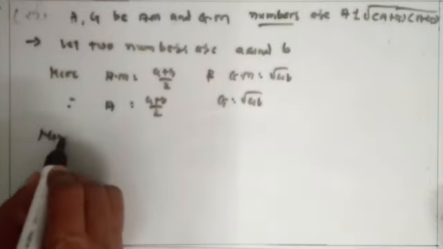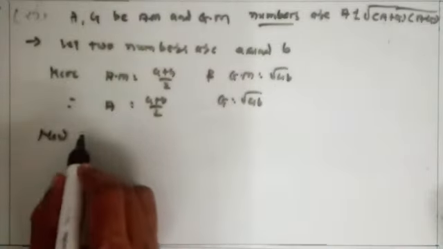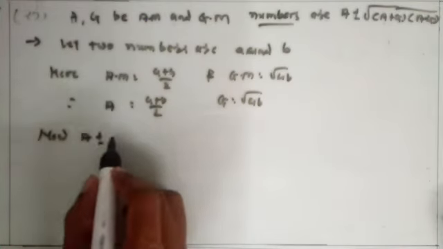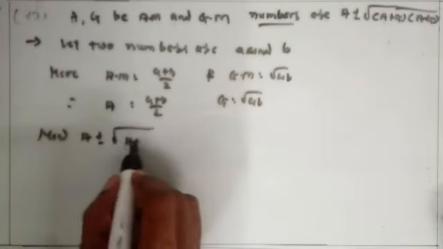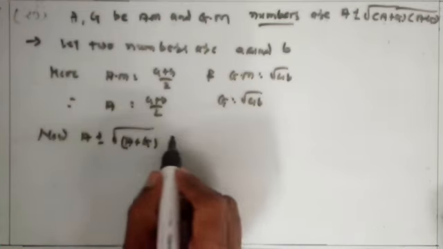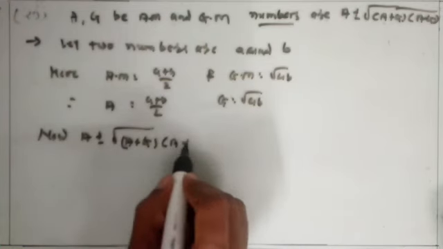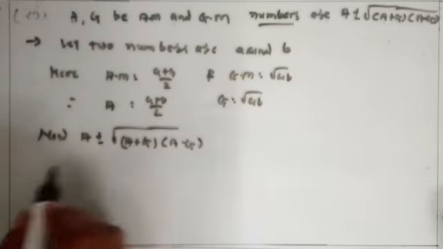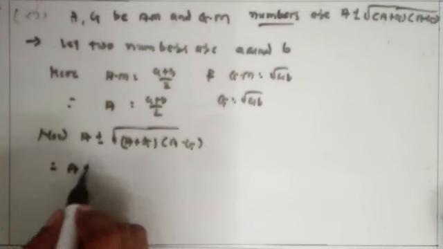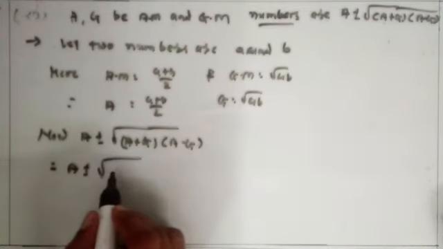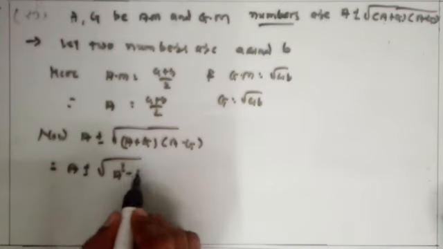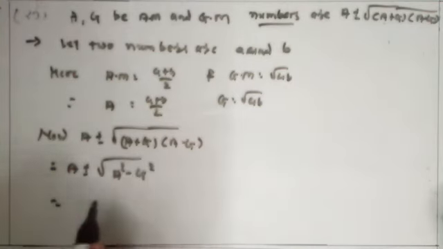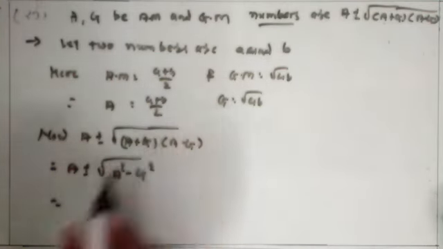Now simplify this. A plus or minus root of (A plus G) into (A minus G) is equal to A plus or minus root of A square minus G square. So, here A is equal to (a plus b) upon 2.